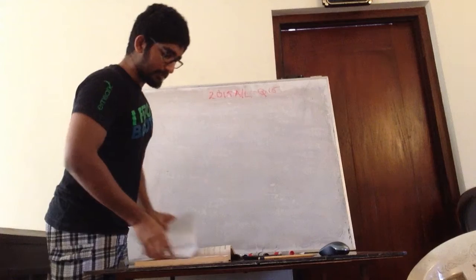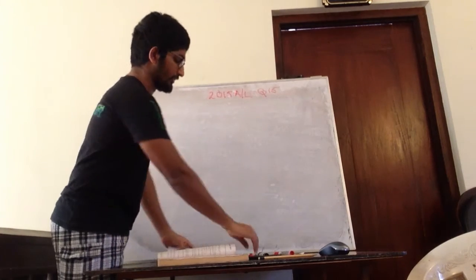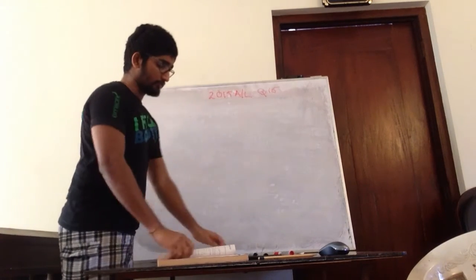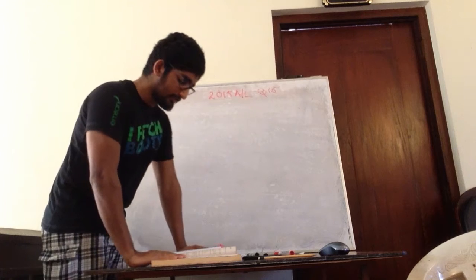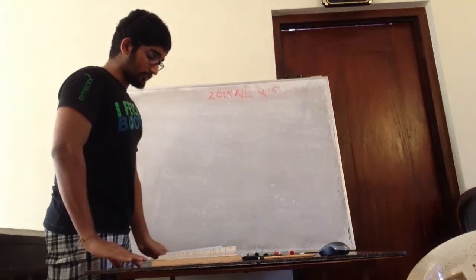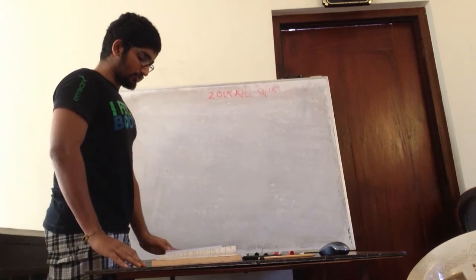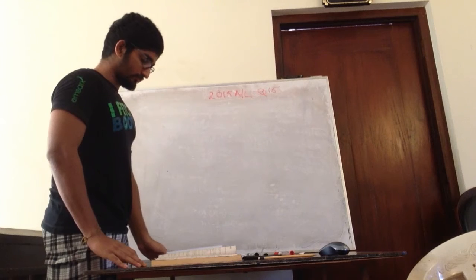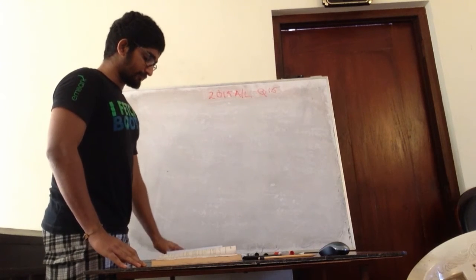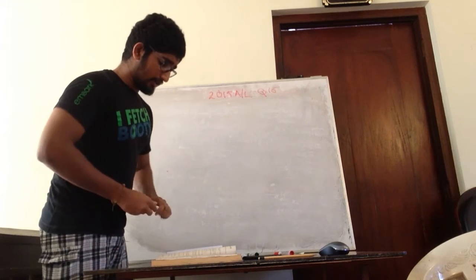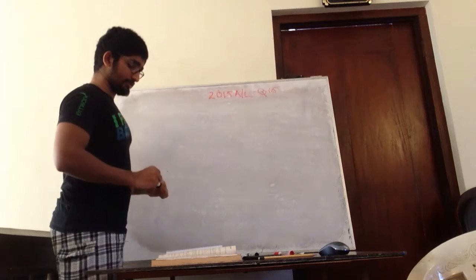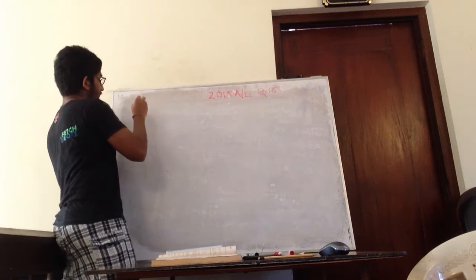Right, so question number 15, this is the integration part. First of all, they are saying show that the integral from 0 to 5 of f(x) dx is equal to the integral from 0 to 5 of f(5 minus x) dx. So let's show that.